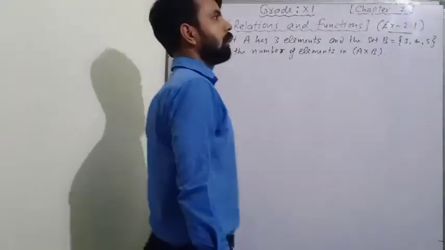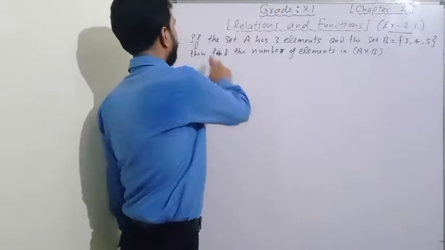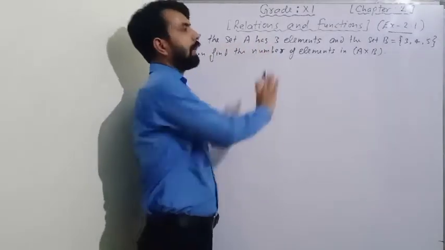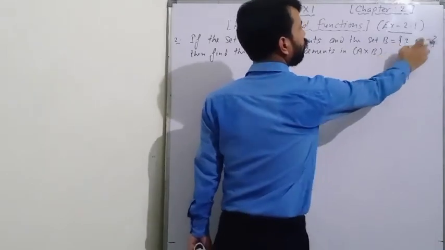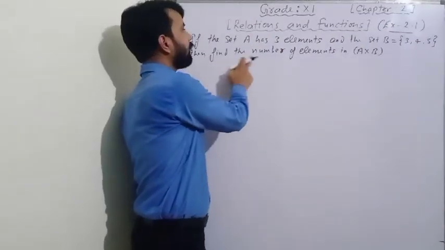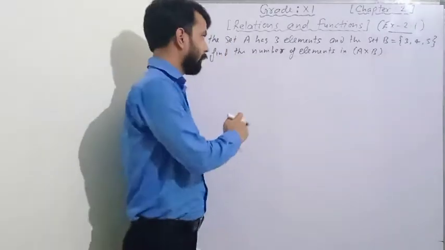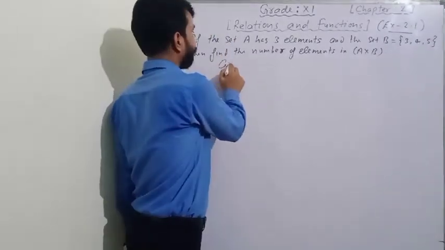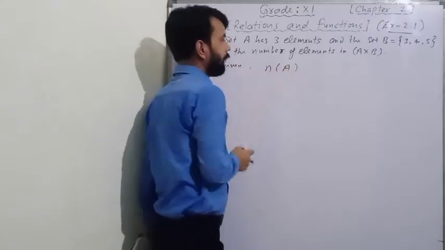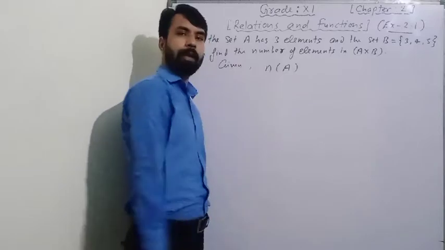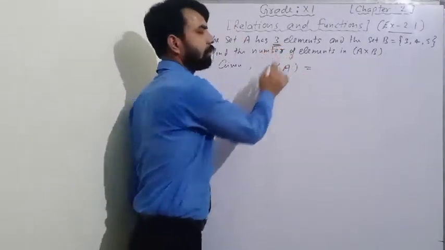Okay students, now the second question of this exercise is, if the set A has 3 elements and the set B equals 3, 4, 5, then find the number of elements in A cross B. Clear? So see, given that, firstly we will have to write the number of elements in set A, represented by n of A. A has how many elements? 3 elements.